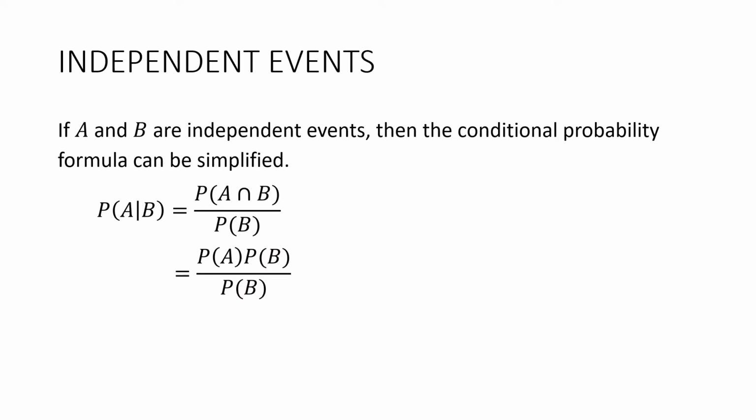These probabilities cancel. So with independent events, the probability of A given B has occurred is equal to the probability of A. And this actually makes sense because there is no relationship or dependence between these events. The probability of A is not affected by whether B has occurred or not.